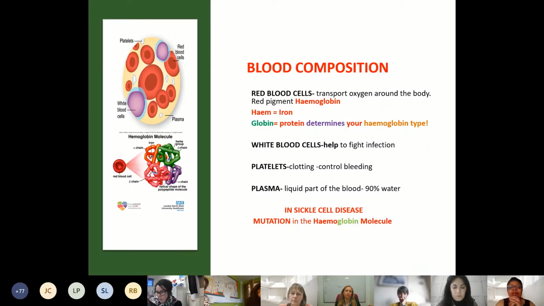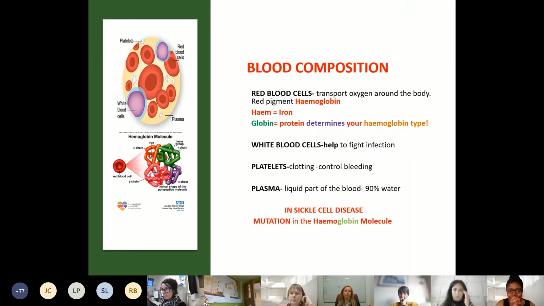That's what keeps us healthy and well. When the blood is circulating properly, we get oxygen where we need it all around the body. The red blood cell is made up of two parts: the heme, the iron bit, and the globin, the protein which determines your hemoglobin type.